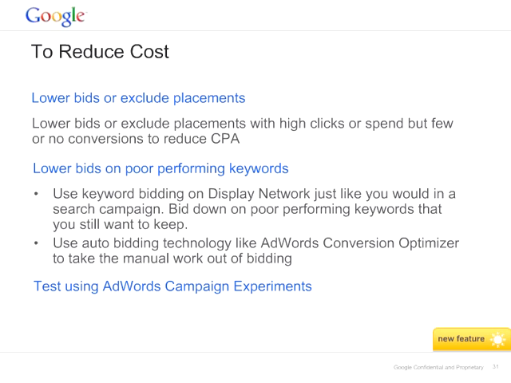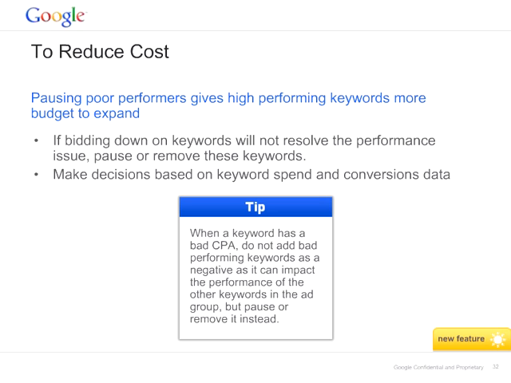This means that you can run experiments with just 10%, 20%, or 30% of your budget. Lastly, when bidding down on keywords doesn't resolve performance issues, a quick way to improve your CPA is by pausing keywords that are costing money and not converting.